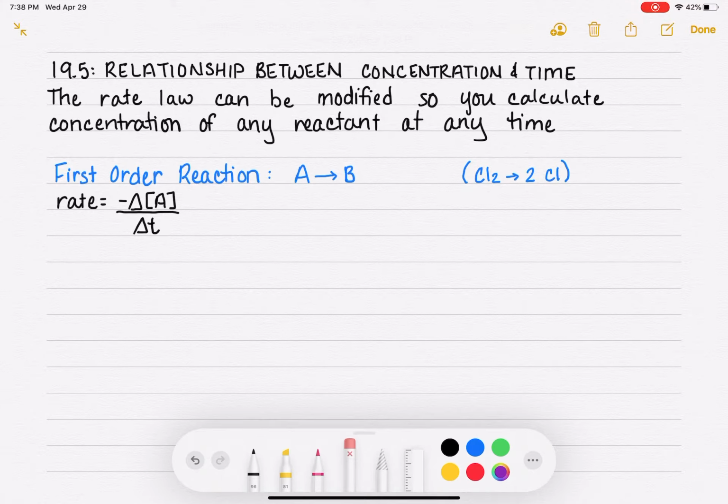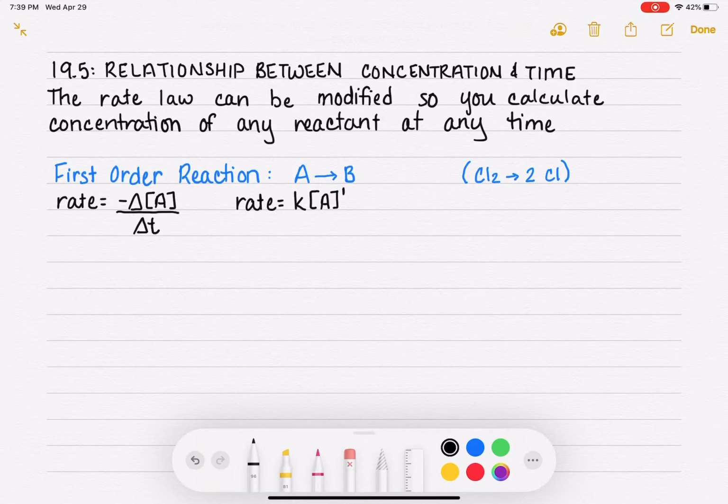And then we also talked about the rate law, where rate equals little k, the rate constant, times the concentration of the reactant A. And since we know that this is a first order reaction, we know what the exponent is in this rate law. It's not unknown to us.